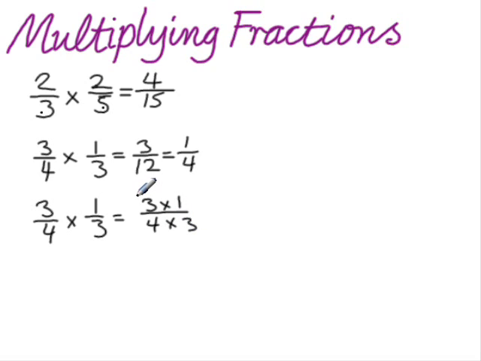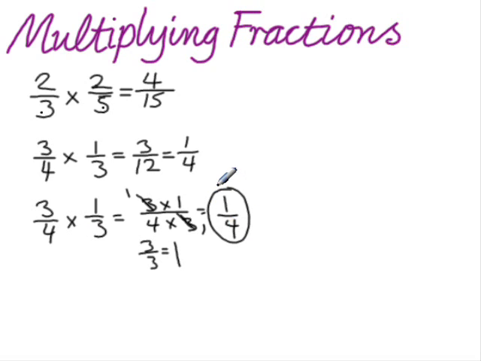And we notice we have a 3 in the numerator and a 3 in the denominator. 3 over 3 equals 1. And so we can change both of those 3's into 1's. And so now we have 1 times 1 and 4 times 1. So in one step, we don't have to simplify our answer. In one step, we multiply and get this answer.